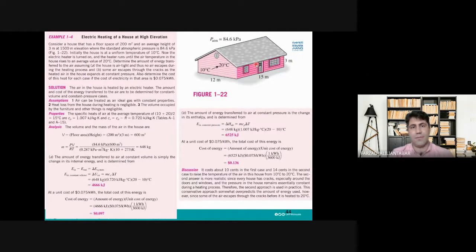And if we don't have any leakage, pressure will increase. So in part A, it is constant volume because it is tight. In part B, it is a constant pressure process. Why? Because we have leakage of the air and pressure remains.